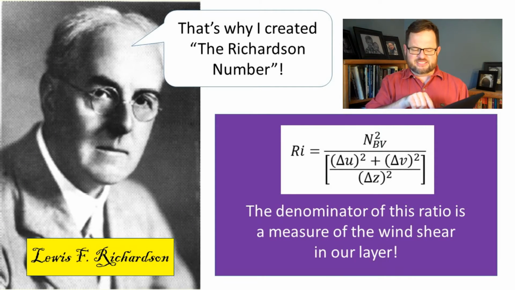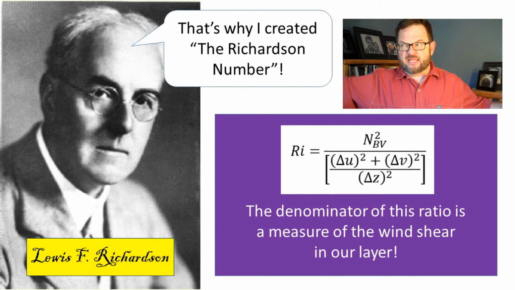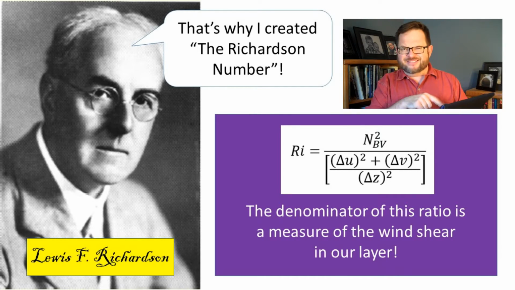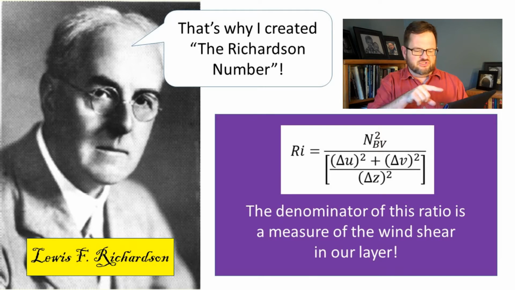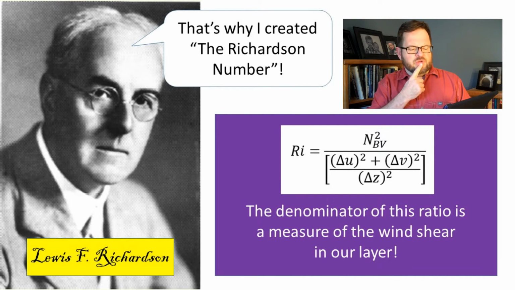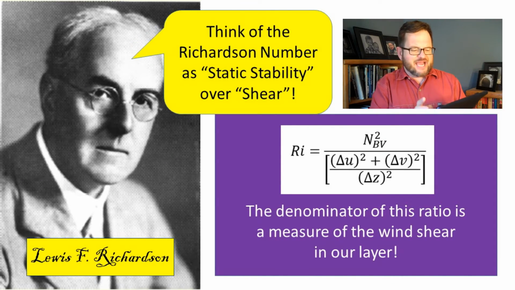Again, it's a little bit of a mess to get it. It expands out into a whole mess of terms. But you can kind of see how it's going to have terms in it like delta U over delta Z and delta V over delta Z. And once you have that expanded down there, you can see that this is going to be related to wind shear here.